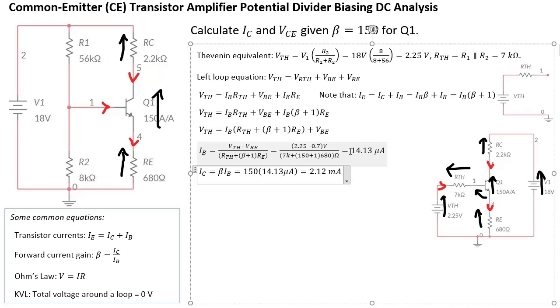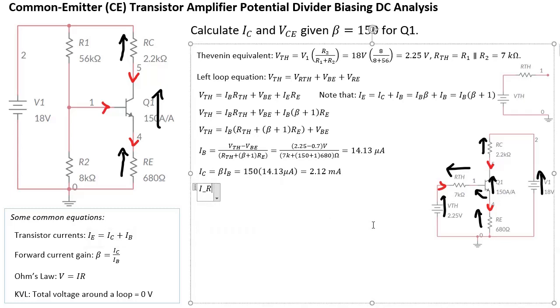Now to work out what VCE is, if you look at the circuit here, VCE is simply V1, which is the whole thing from top to bottom, minus the voltage across here and minus the voltage across RE. So we can work out what IE is from the transistor current equation.